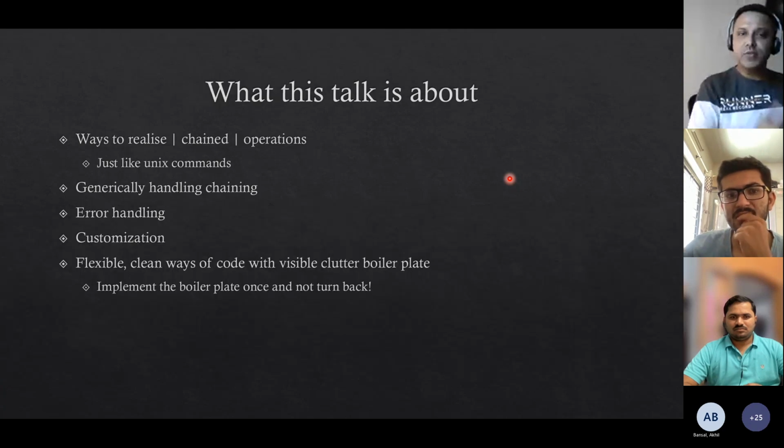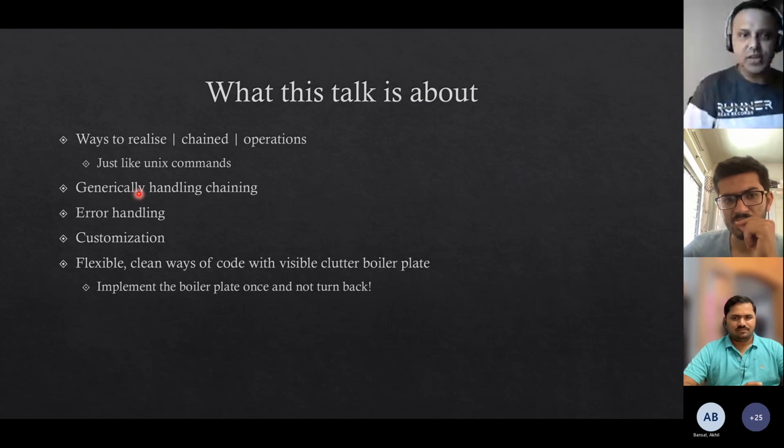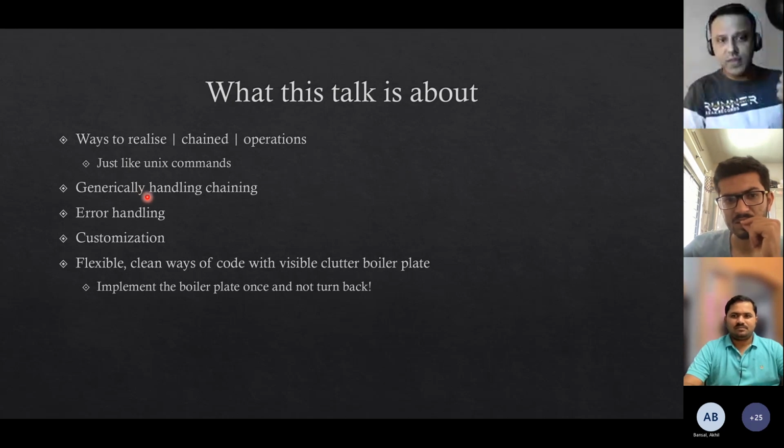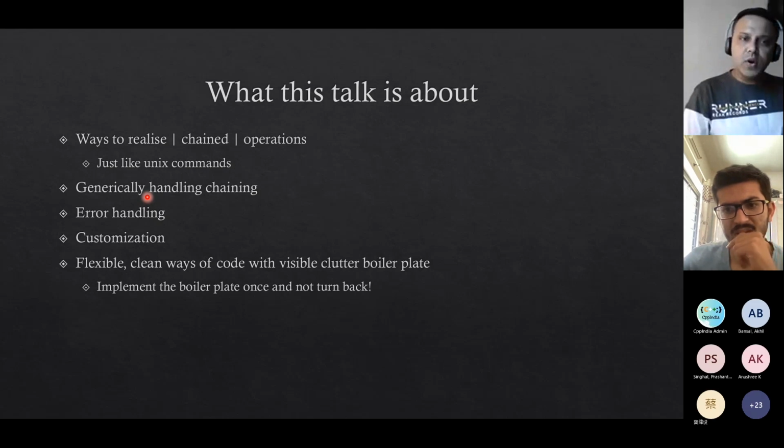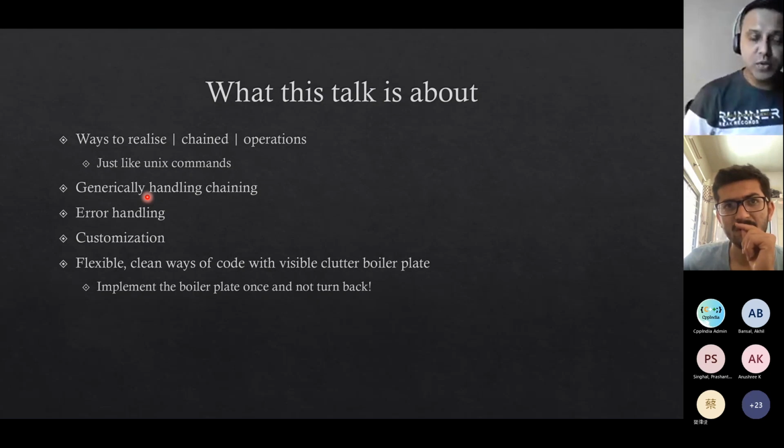Before we get to the C++ part of it, just some pointers. We are talking about ways to realize chaining of operations, just like in a command, and we want to be generic. That's our target. We don't want to write a new chain every time. It should be easy to build new chains once you build something.